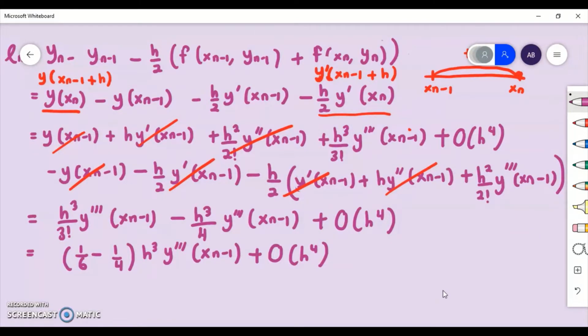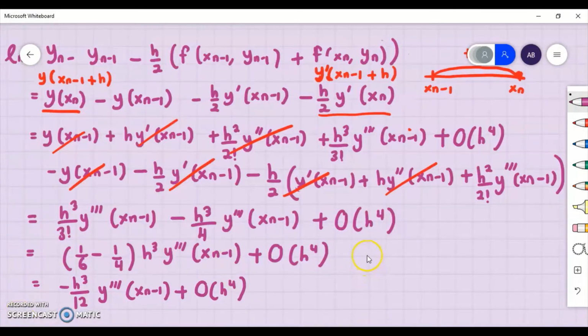Times 2, 2 minus 3, you have a negative h cubed over 12 y triple prime at xn minus 1 plus this order 4 term. Don't worry about the negative sign here.